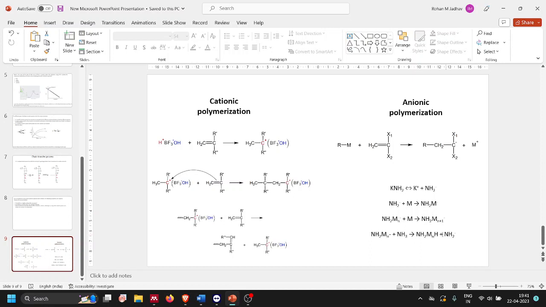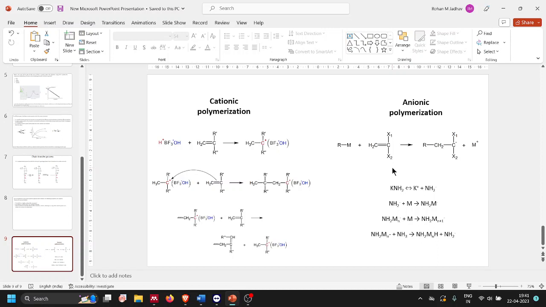Next, to terminate the reaction, there are different methods. First is by quenching of the impurities, because anionic polymerization sometimes undergoes a process called living polymerization. In living polymerization, the ability of the polymer to terminate itself gets suppressed or completely removed. This happens because either the chain transfer rate is absent, basically no chain transfer is occurring, and all the process parameters are favoring the growth of the polymer.